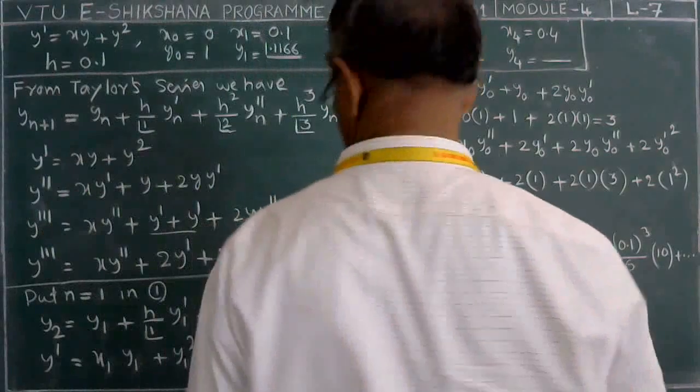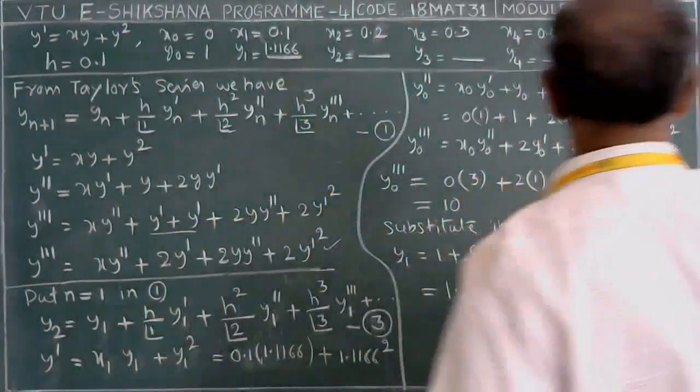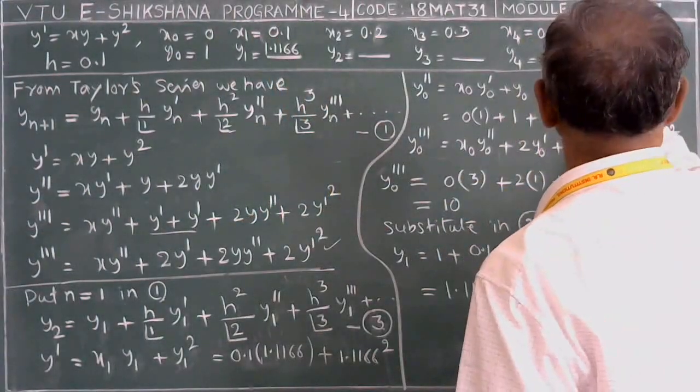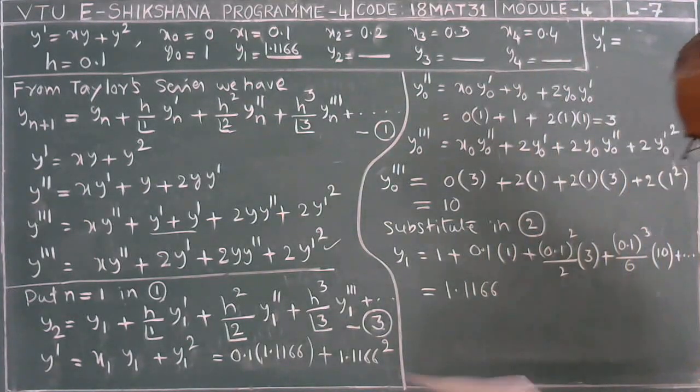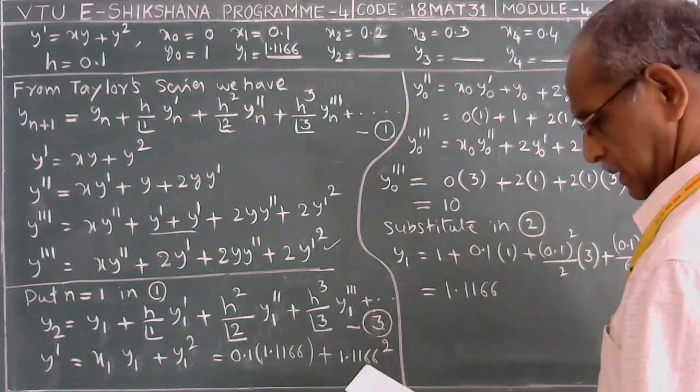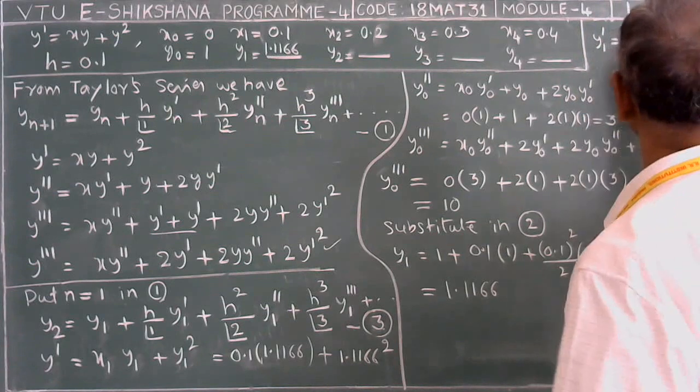So what is the answer here? So y1 dash is equal to, if you compute carefully, 1.3584.